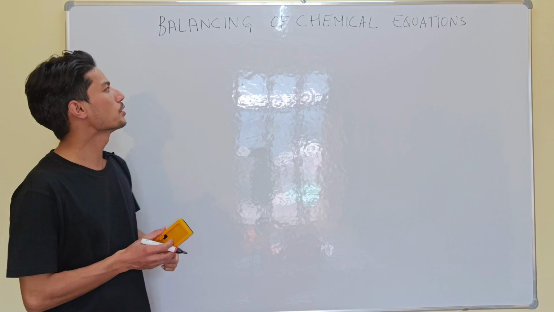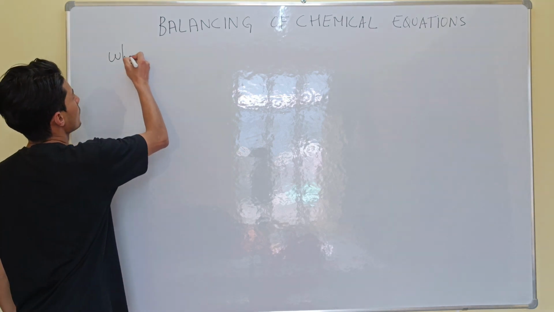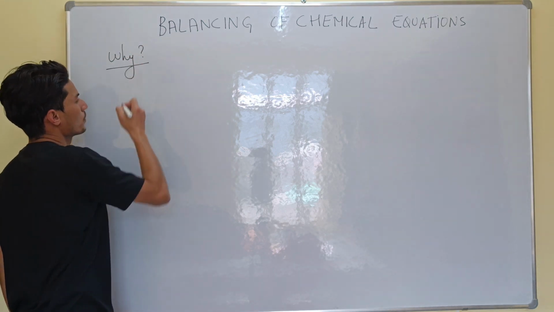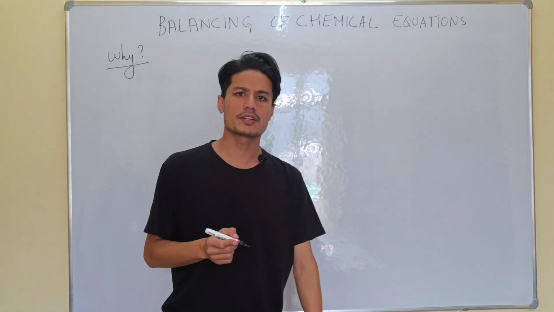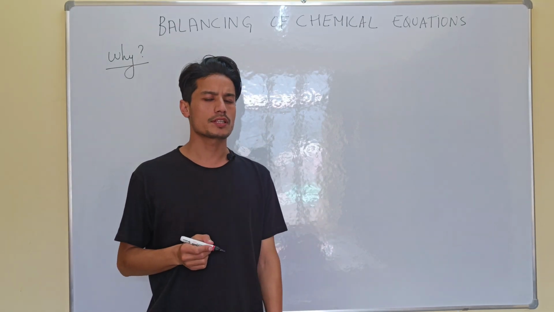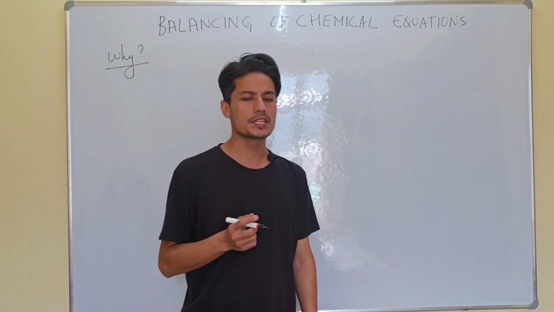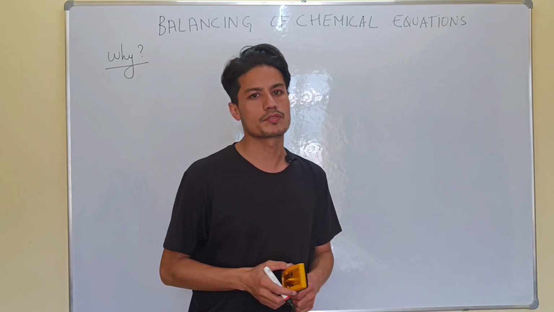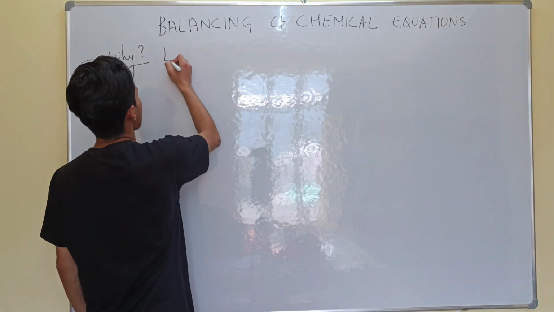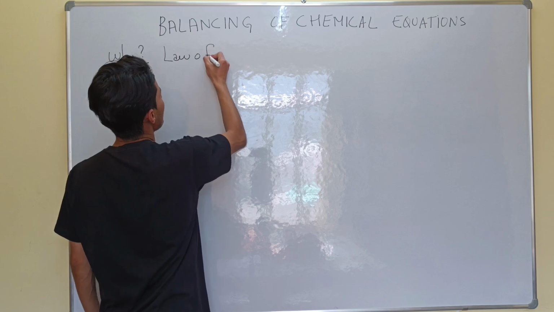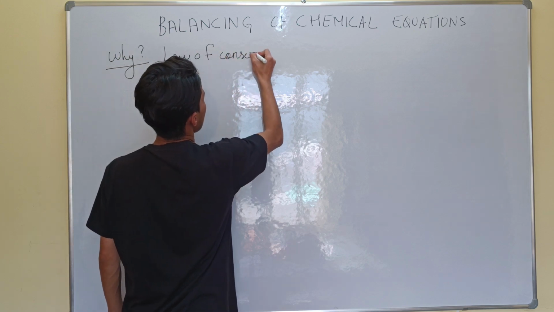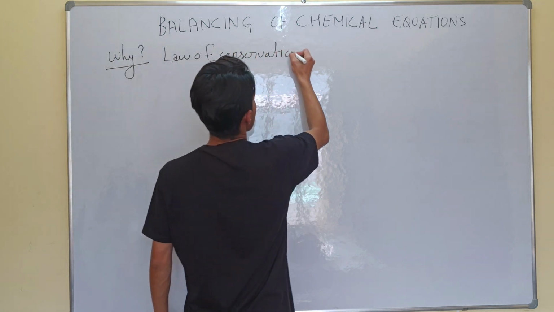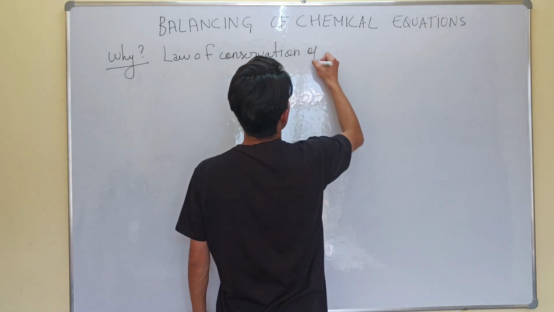Now why do we need to balance chemical equations? Maybe it's even there in the textbook, in the question and answers. We need to balance chemical equations because we have to follow the law of conservation of mass. The law of conservation of mass says that in any system, mass is always conserved.